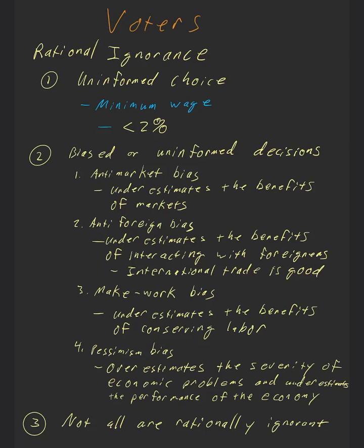The second bias that I want to talk about, the fourth bias overall, is the pessimism bias. This overestimates the severity of economic problems and underestimates the performance of the economy. We see this all around. A common case of this is in cultural settings where every generation thinks the next generation after them, their children and their grandchildren, are worse off and are somehow losing touch with the things that previous generations have learned.